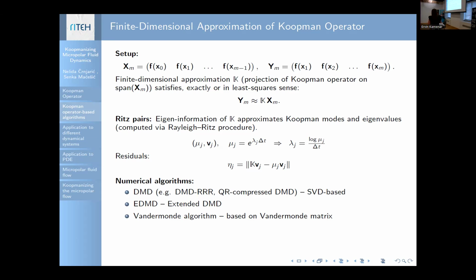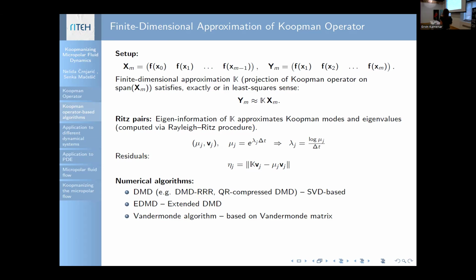And we hope it will be low dimensional. It is low dimensional, and we hope that if this K is a good approximation of this projection of the Koopman operator, then the eigen information from K will approximate Koopman modes and eigenvalues correctly.